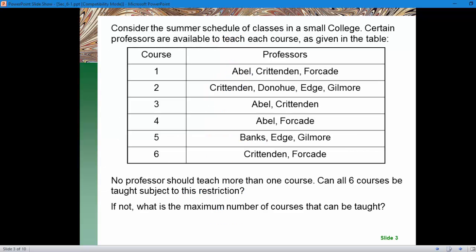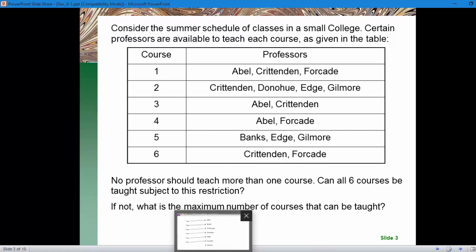For example, on the table of the assignments of courses and professors, notice that professors A, C, and F are available to teach course number 1.